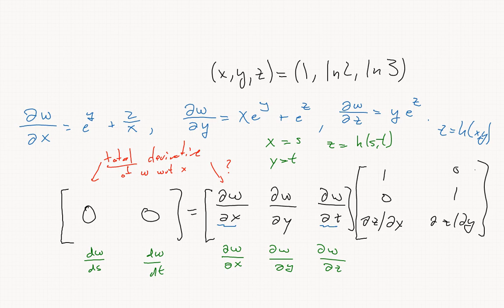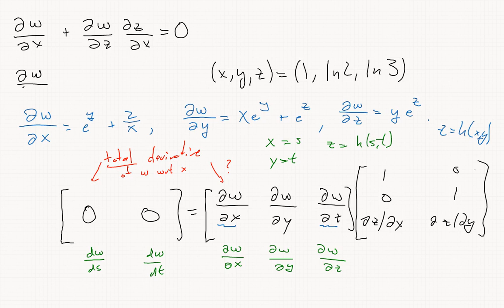Okay, so this equation is now giving us that del w over del x plus del w over del z times del z over del x is equal to 0, and likewise del w over del y plus del w over del z times del z over del y is equal to 0.